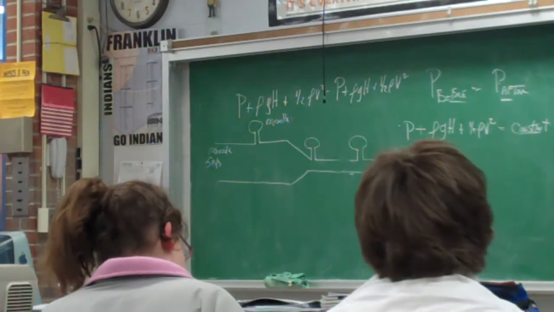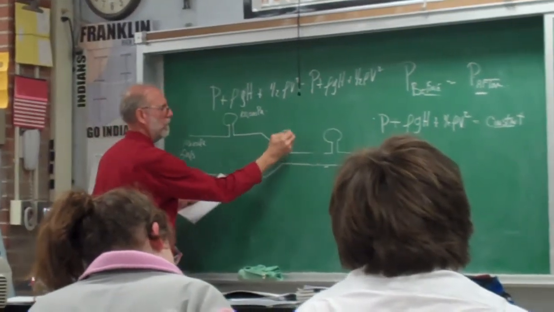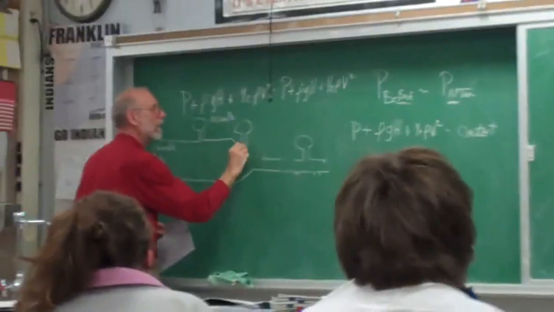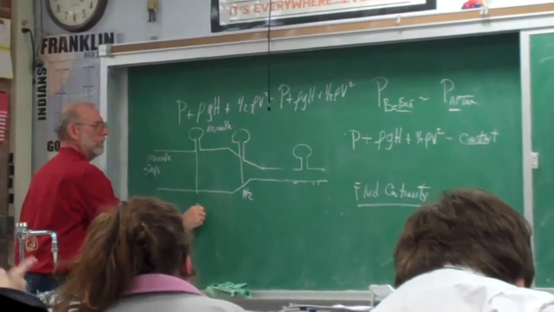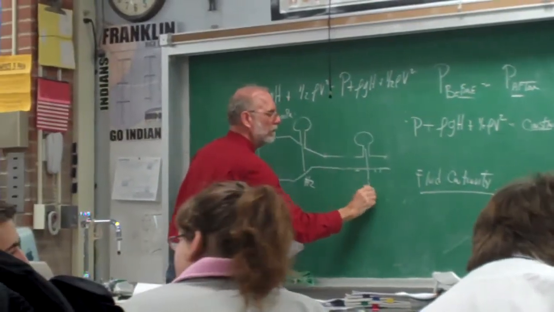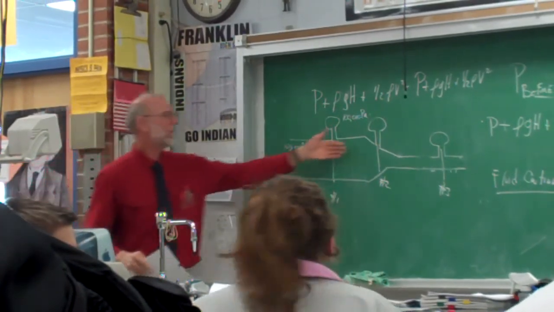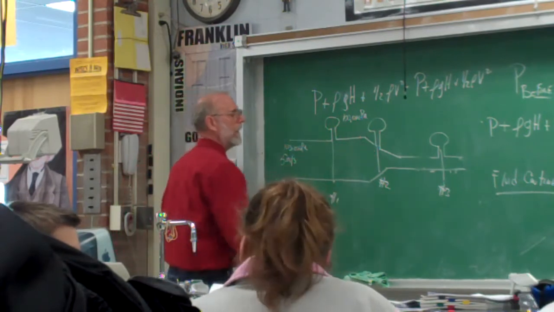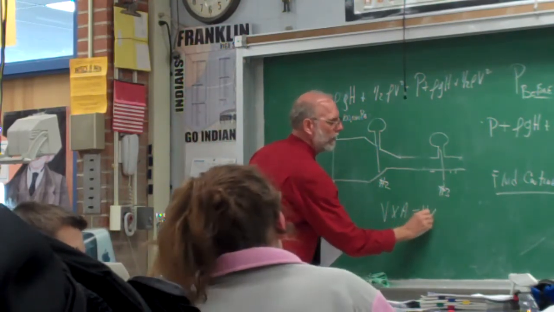What's the water velocity at number 2? Okay, well here's number 2. I've got a double step down here. Because my cross-sectional area is getting smaller, I know my velocity times my area 1 has to equal my velocity times my area 2.